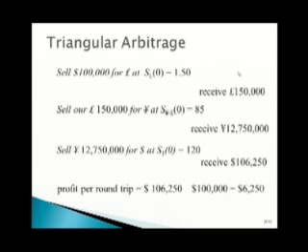We then convert the 12,750,000 yen back into dollars at the rate of 120, and we end up back with $106,250. So we made a round trip. We started with 100,000. We did nothing but convert currencies, and in the end we end up with $6,250 more than when we started.